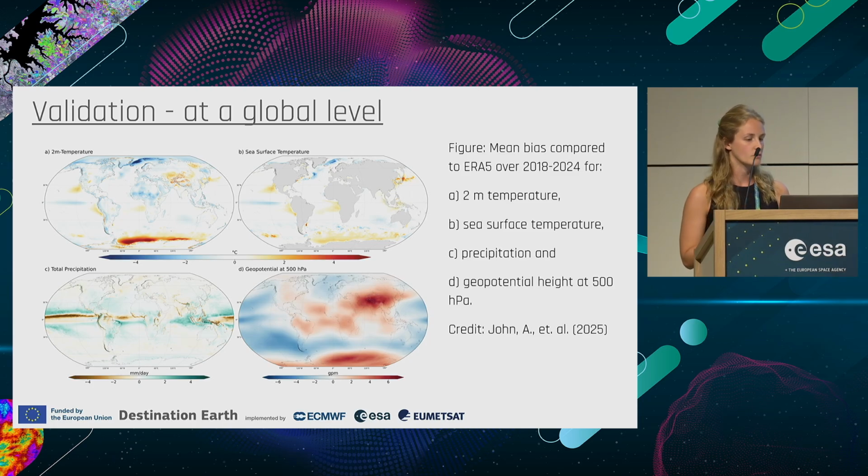So we do see stronger biases in these regions. Also, for the precipitation, you can see around the equator, we do get larger biases. And this is also due to more convectively driven precipitation in these regions. Because what we're nudging are the winds and more dynamically driven systems, whereas in regions where convective systems dominate, we are going to see larger biases in these regions. But at a global level, the validation looks pretty good.